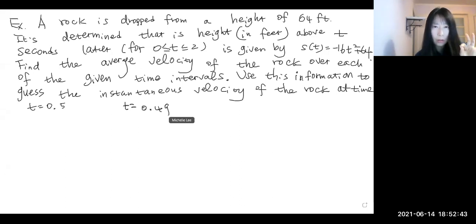What do you think? Yes or no? Well, how close should we get? Should we have more decimal places, or is that considered good? Yeah, is 0.49 close enough? I'm not sure, possibly, because they said a guess. All right.